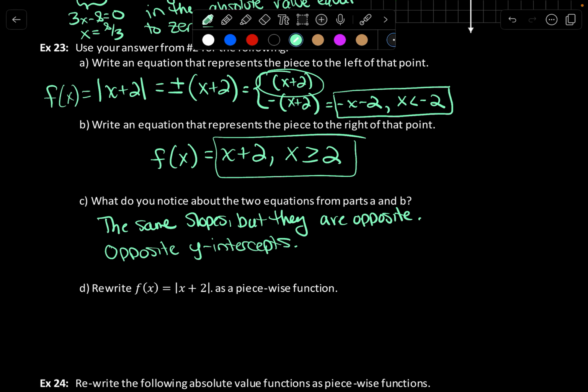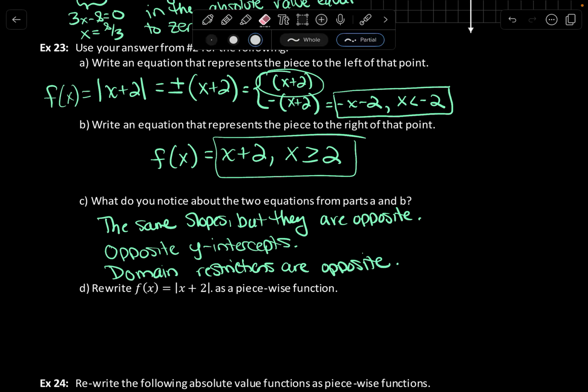And the domain restrictions are opposite. So one goes less than -2, the other goes greater than -2. And speaking of, that should be -2. So x is greater than or equal to -2.